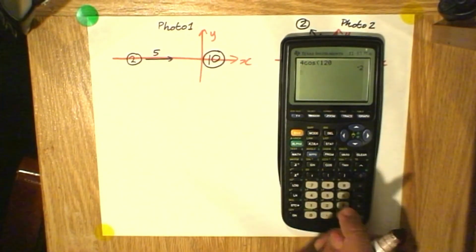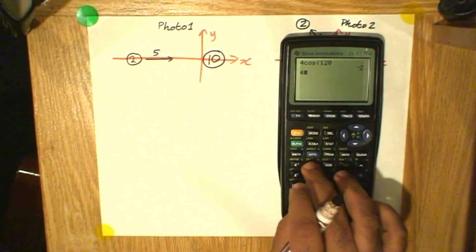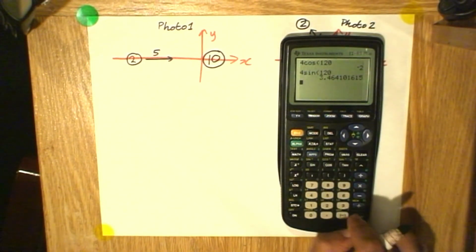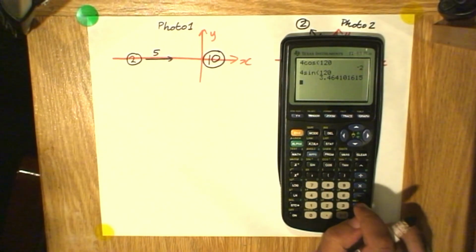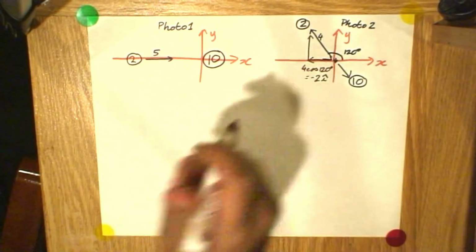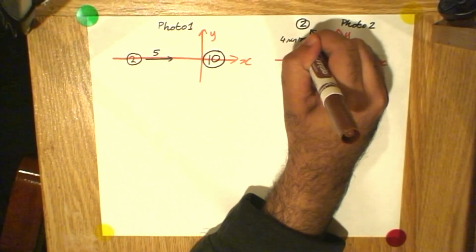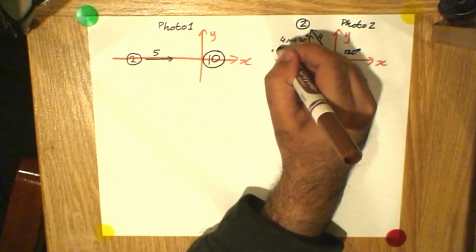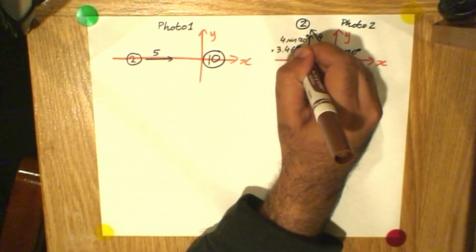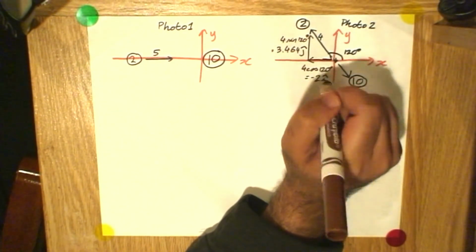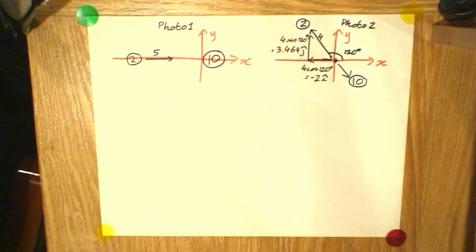And the y component would be 4 sine 120, which is 3.464 j hat. So far, so good. Now, we are ready to apply conservation of momentum.